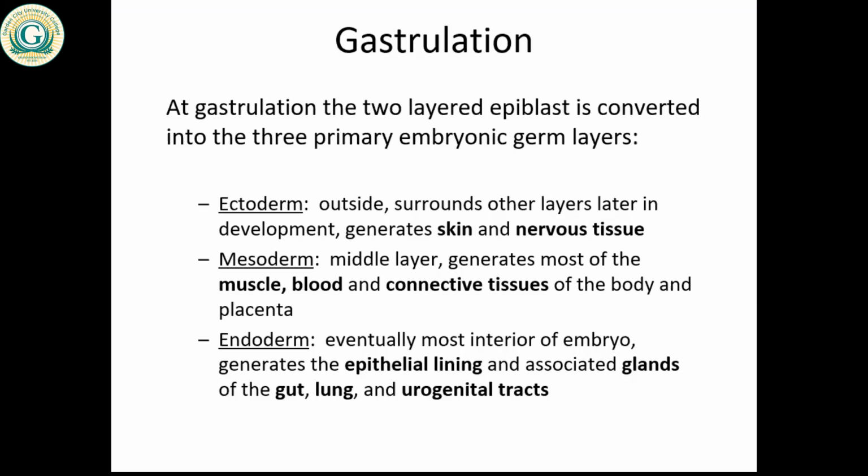And then urogenital means urinary system and genital system. So the kidneys, the ureter, the bladder, and then the reproductive organs are all formed by endoderm.